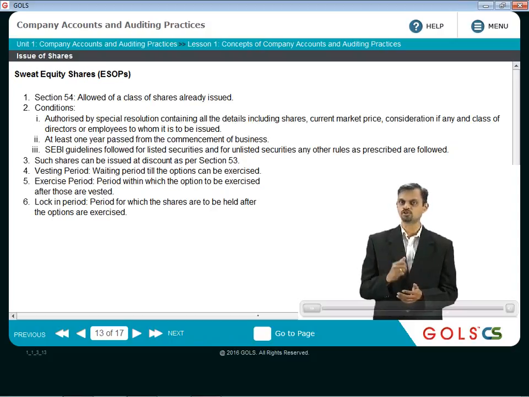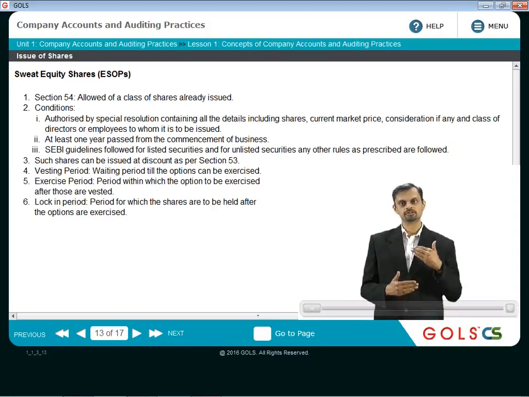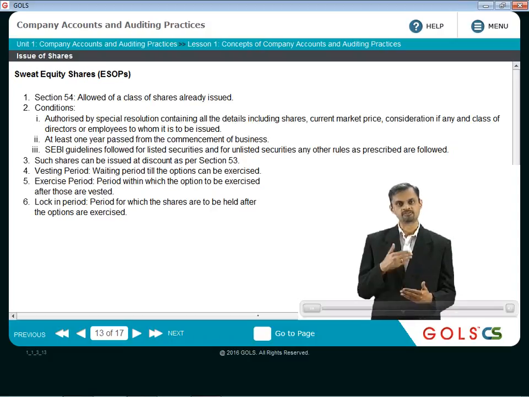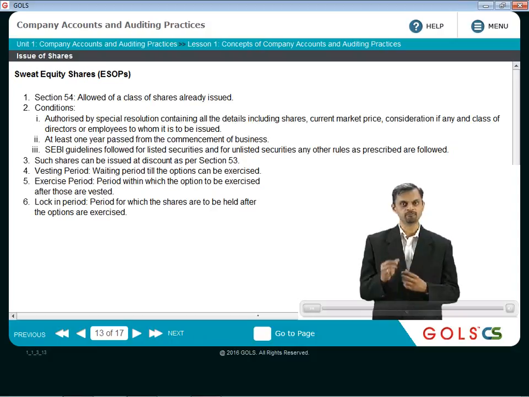And if the option is not exercised within those 2 months, then it will lapse. So this 2 months period is called the exercise period. So remember, first there is a waiting period within which exercise cannot happen. That vesting period is over. After that, the employees have an option to exercise, and there is a limit on the period within which this exercise can happen. That is what is called the exercise period.